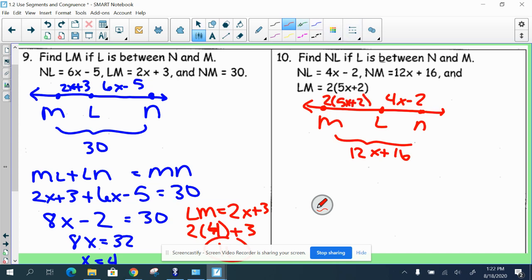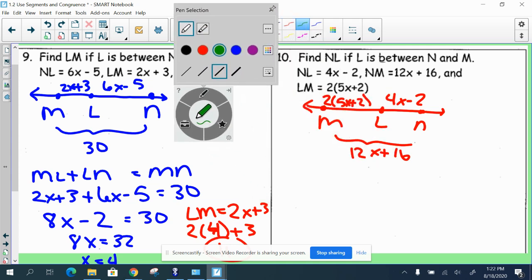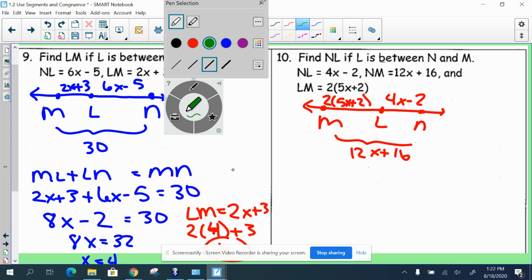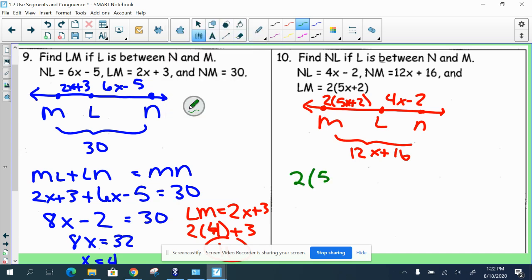All right. So I think we've got the algebra part. Algebra part is the same. I'm just going to go ahead and plug in our expressions for the algebra part. That was from over here. So ML is 2 times 5x plus 2. Note that we're going to have to distribute the 2 for the first step.